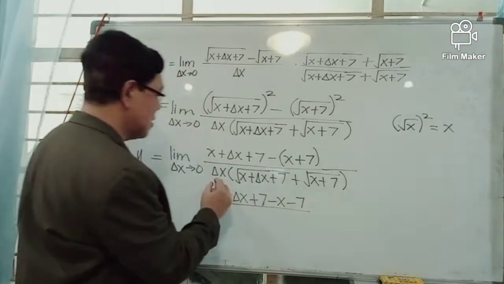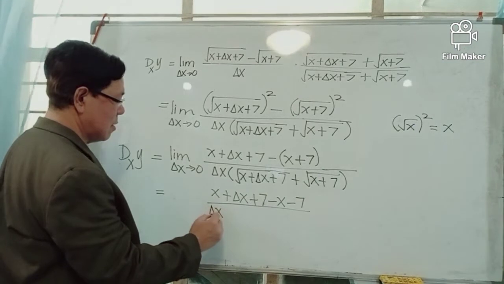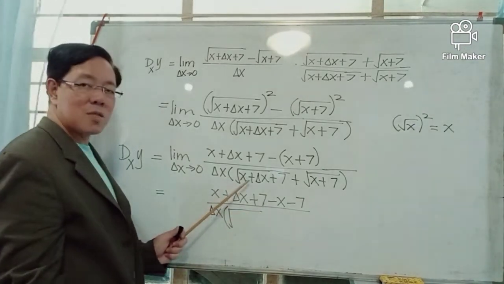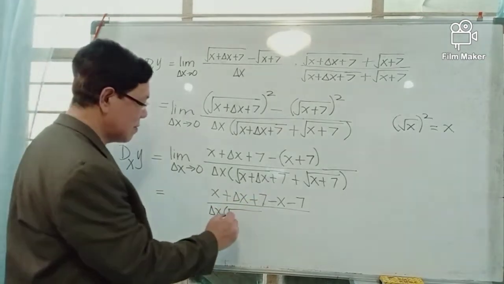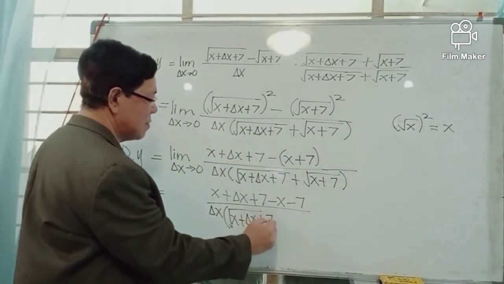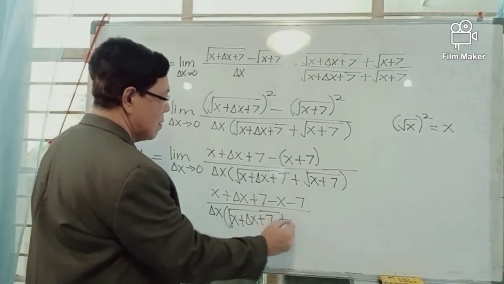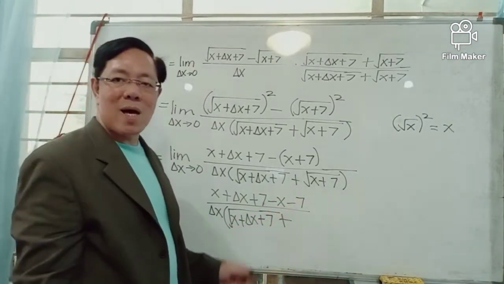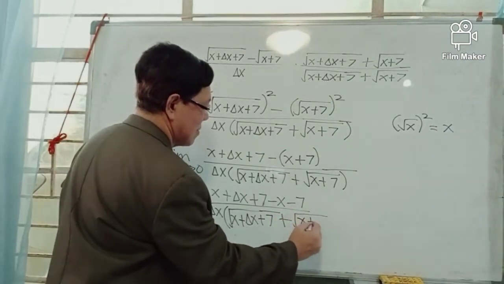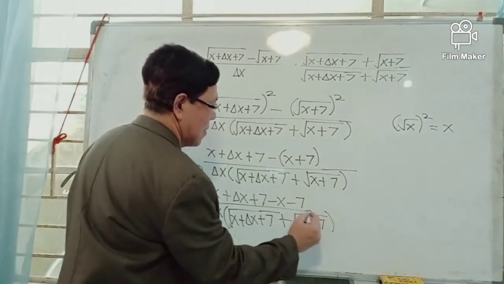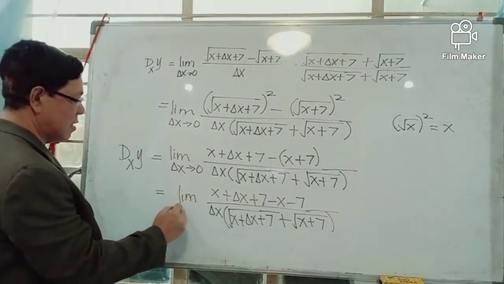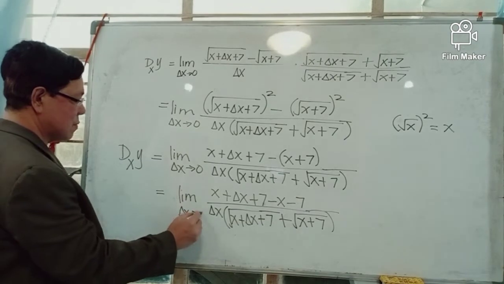All over delta x multiplied by the square root of x plus delta x plus 7 plus the root of x plus 7, and we take the limit of that as delta x approaches 0.